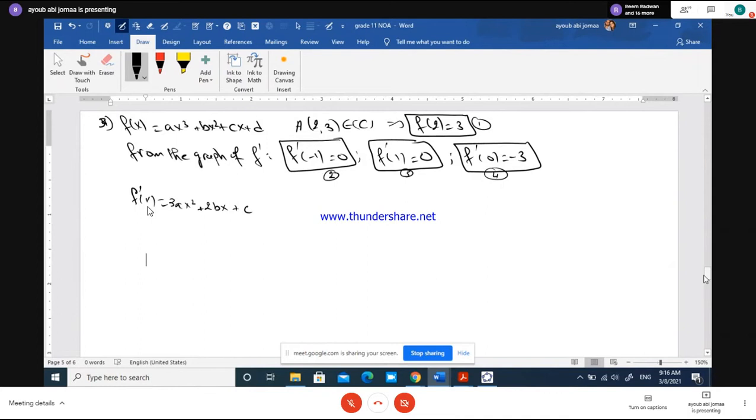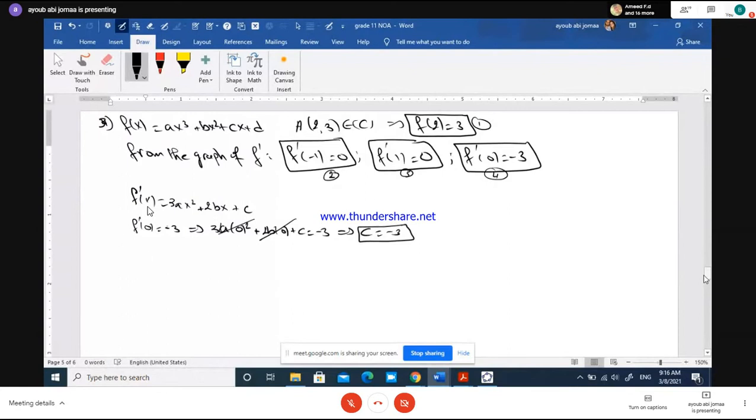Now, f prime of 0 is equal to -3, so replace x by 0: 3a times 0 squared plus 2b times 0 plus c is equal to -3. This means that c is equal to -3.